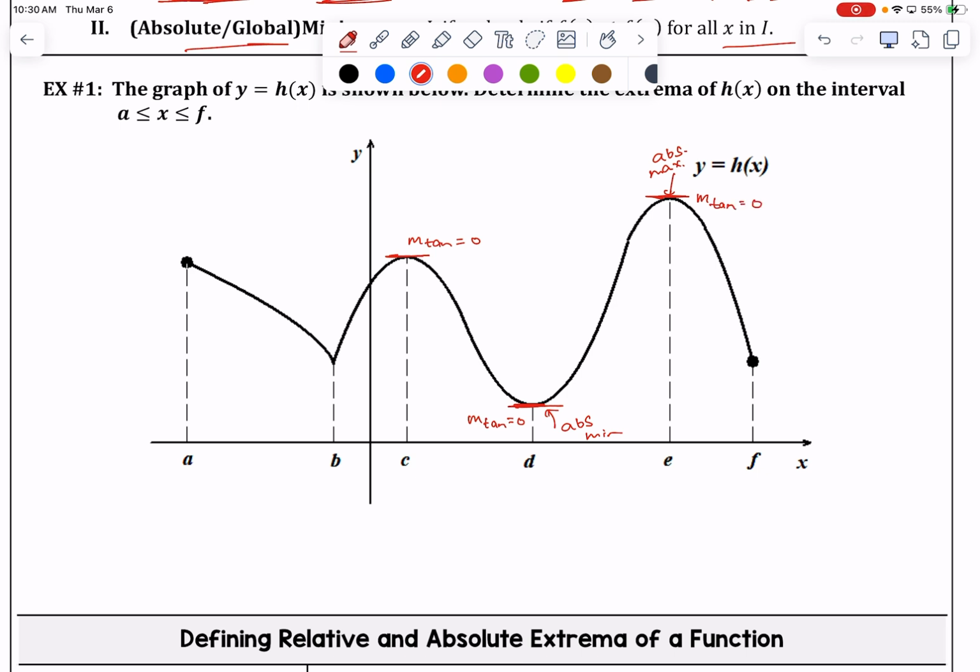Wait a second. You guys said they're all special, and I agree with you. It's a cusp, so the slope of the tangent's not 0. It's undefined. It's a point of non-differentiability. Corners, cusps, vertical tangencies. So wait a second here. Maxes and mins occur where slopes are 0, so where your derivative equals 0, or where your derivative is what?